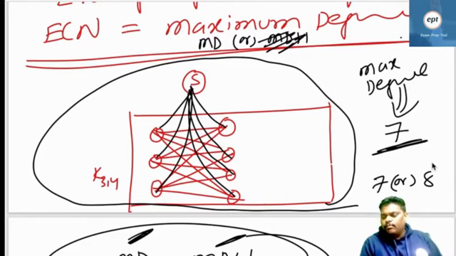It is not complete, not cycle, not bipartite. It is not a special graph. Maximum degree, 1 person only. At least 3 people with maximum degree available.